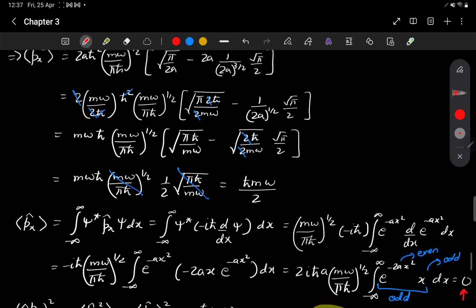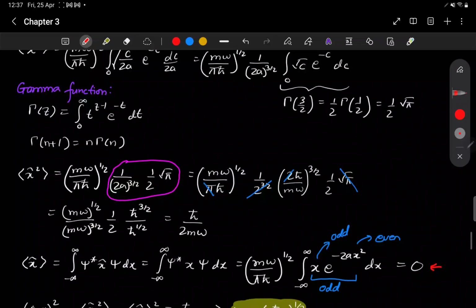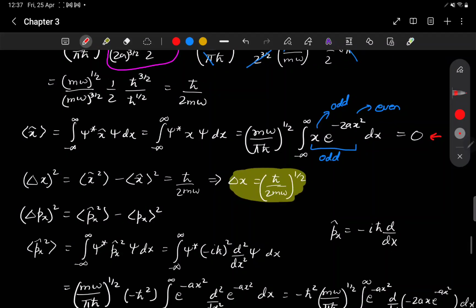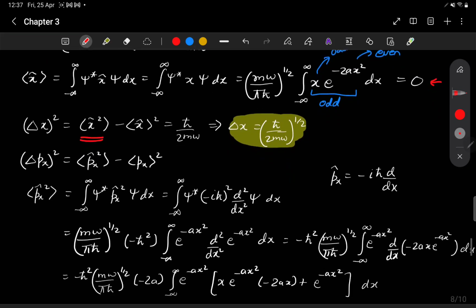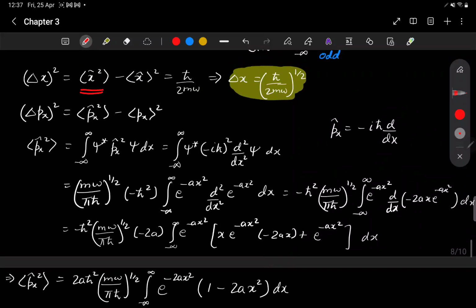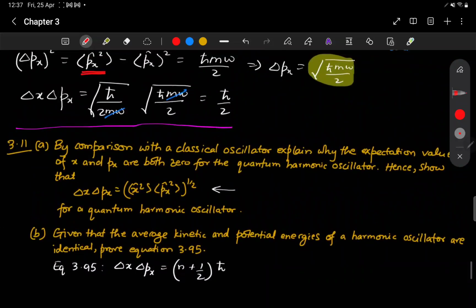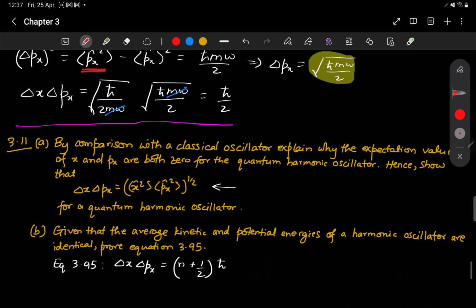For px, expectation of px squared, and for position, expectation of x squared. So the delta x delta px product will be the square root of the expectation of x squared times the expectation of px squared. We did this derivation very mathematically.